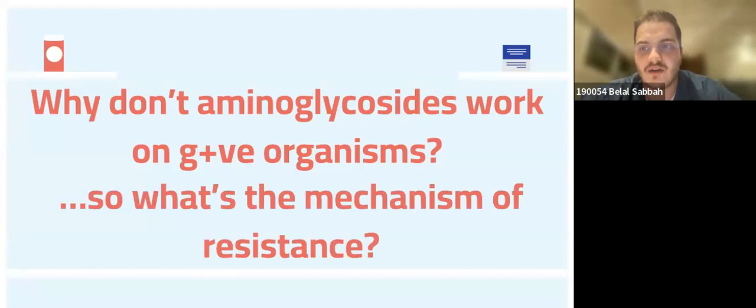If there's no porins, how could they have a mechanism of resistance? You give another drug, yes. So to combat the resistance, you give another drug. What drug do you think you give? Beta-lactams. And is this considered an additive or synergistic effect?